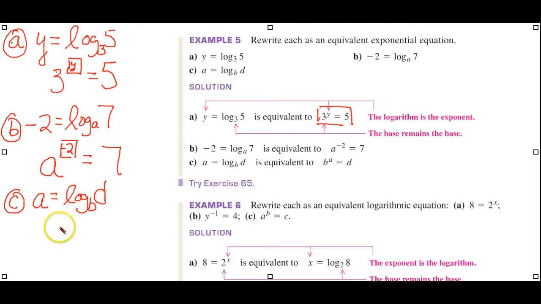So there is our example. Our base will be b, raised to what exponent so that it will equal d. And our exponent is a. Okay, so these weren't too bad, and it's just tying in this expression or equation with this one.